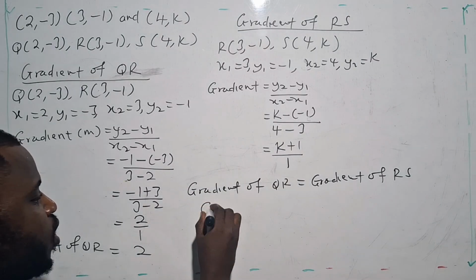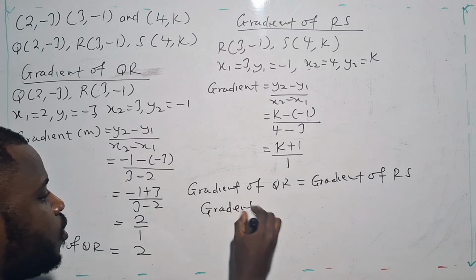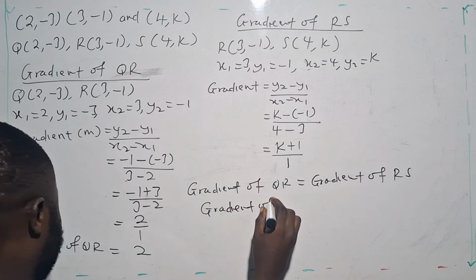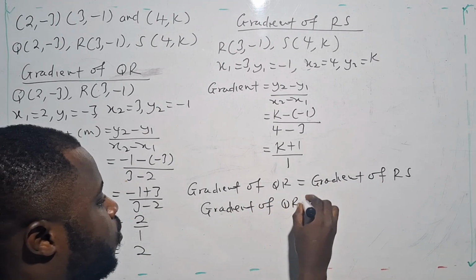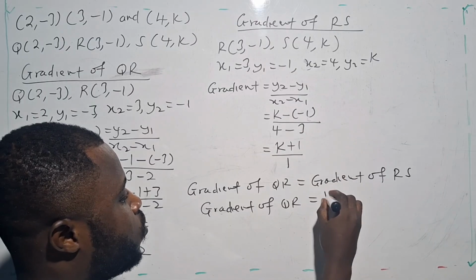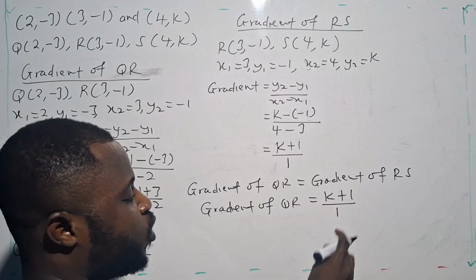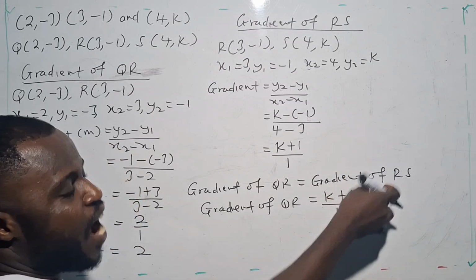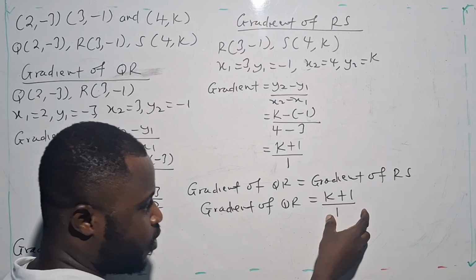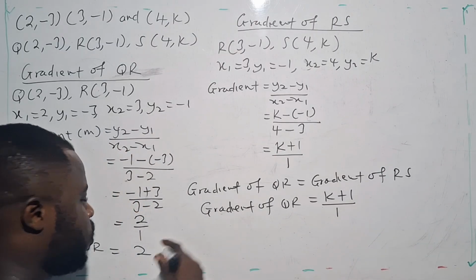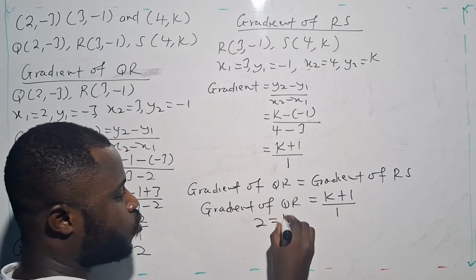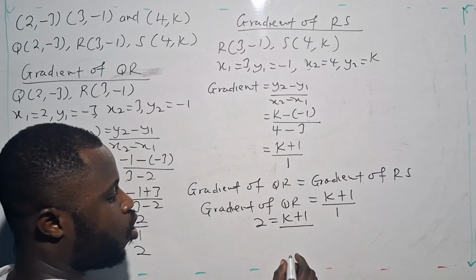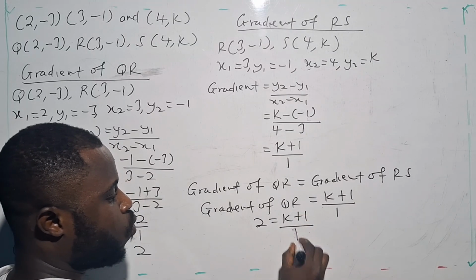So the gradient of QR will be equated to K plus 1, which is the gradient of RS. So 2 is equal to K plus 1 all over 1.